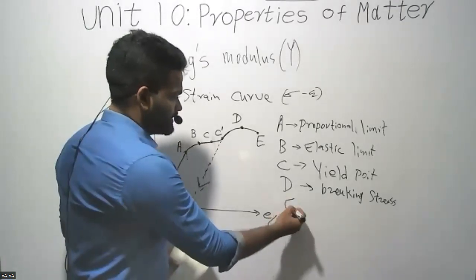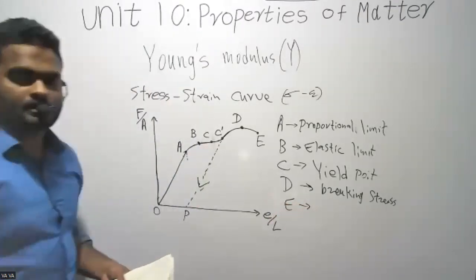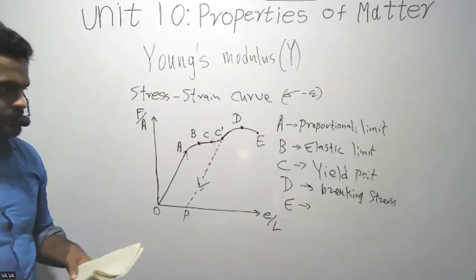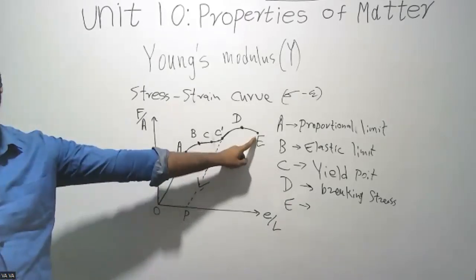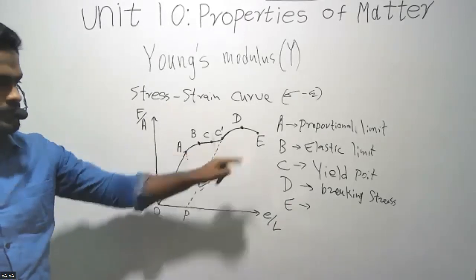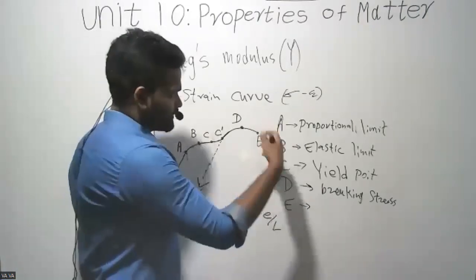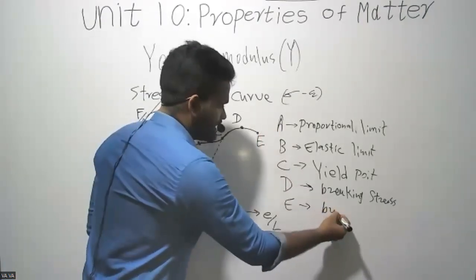Then E is here. It is where that breaks, so it is called breaking point.